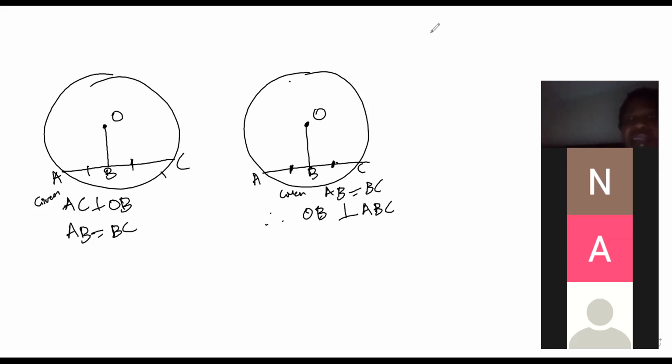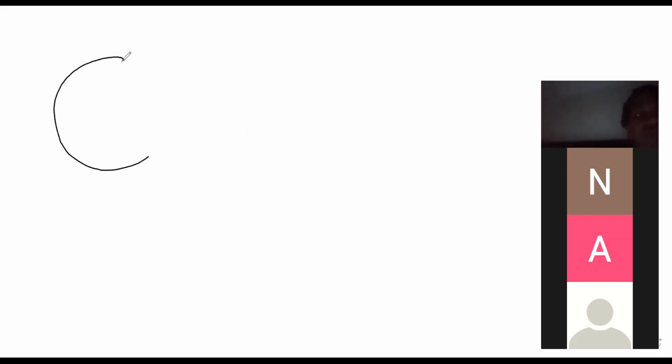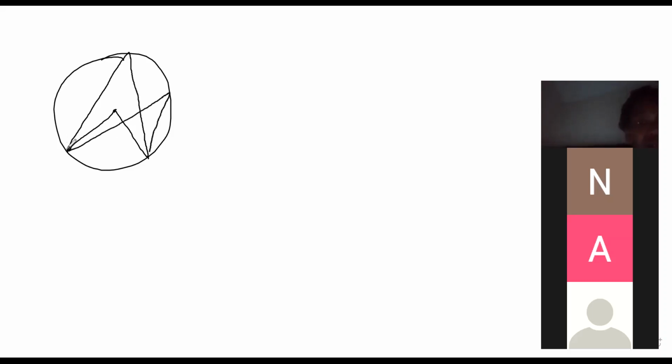Then the next theorem, this one, where you've got this, and this, and that, and also this, and this. So you've got O2, O1, you've got D and E, and then you've got B here.